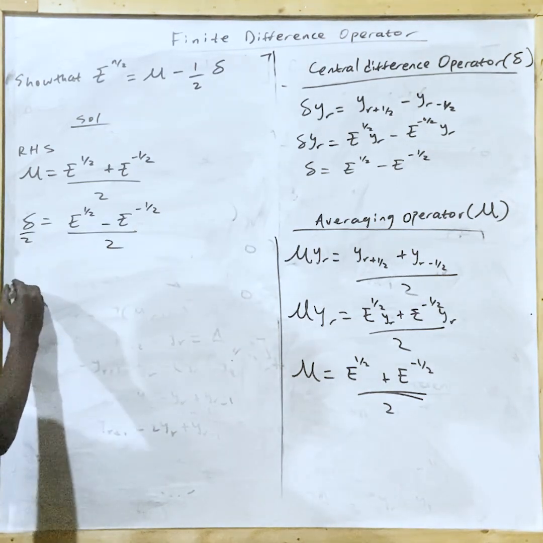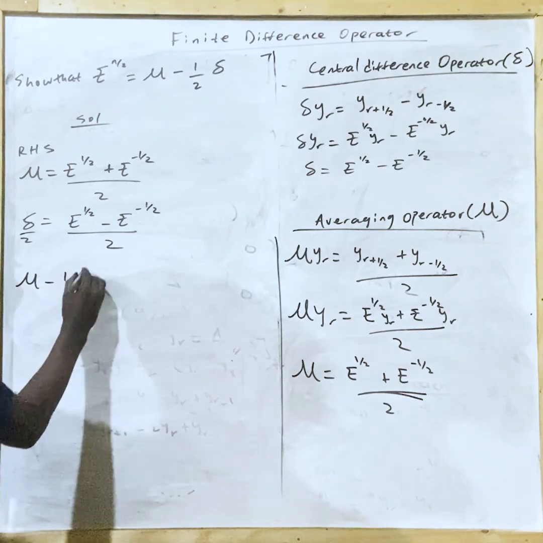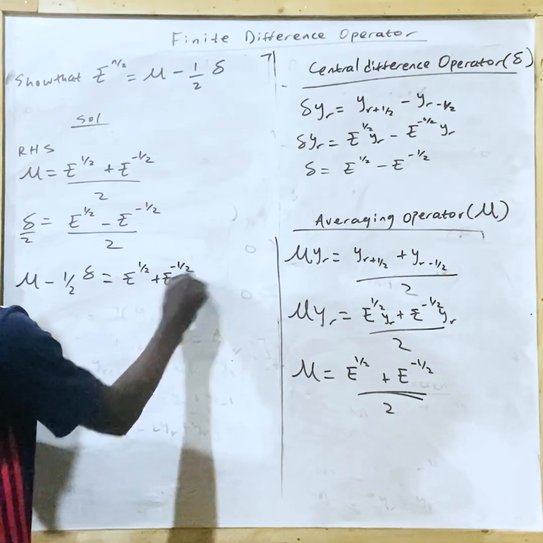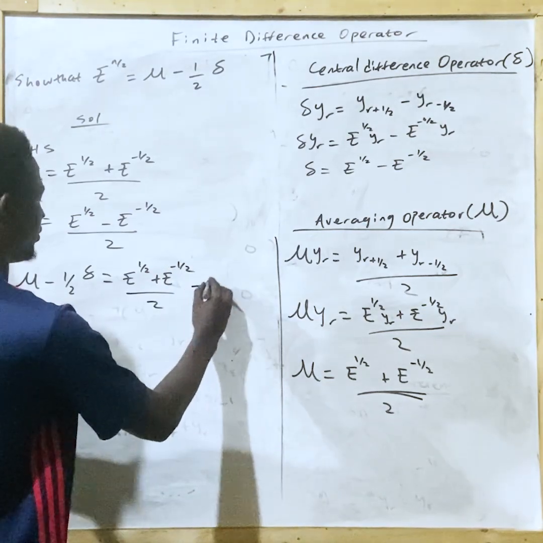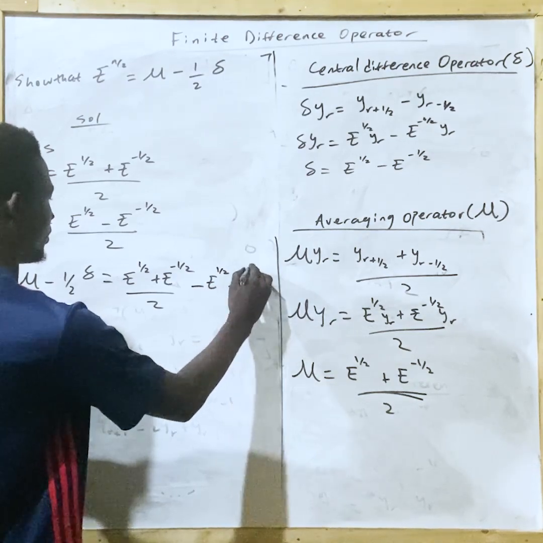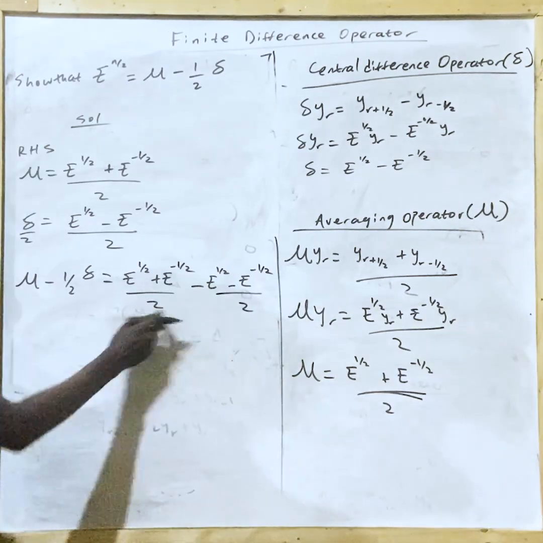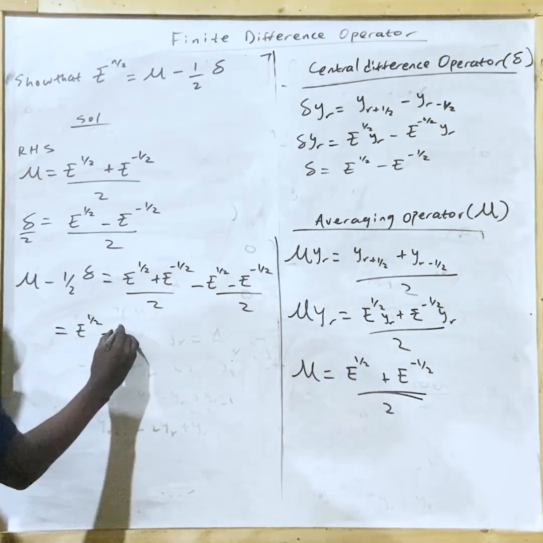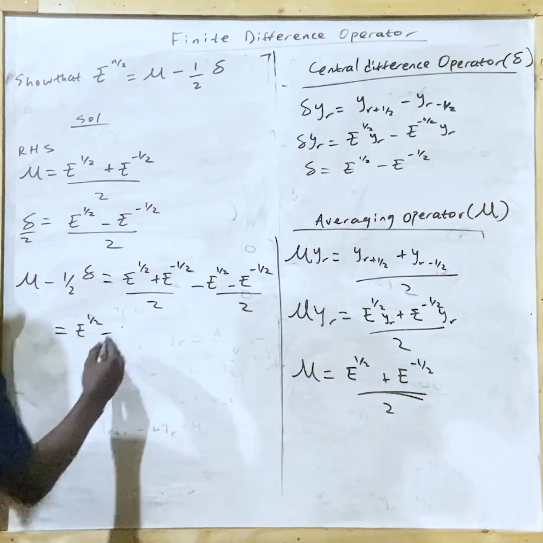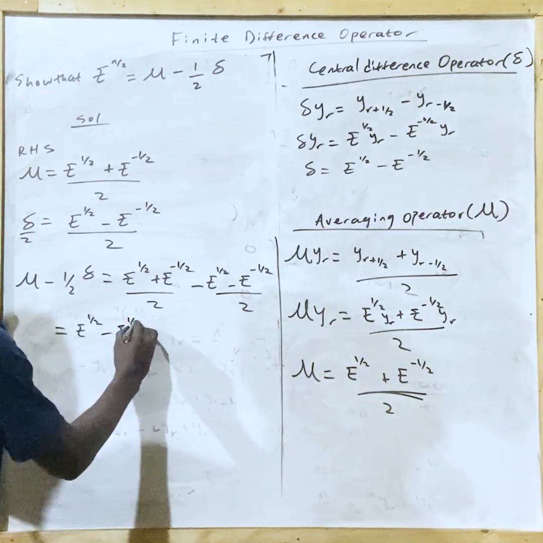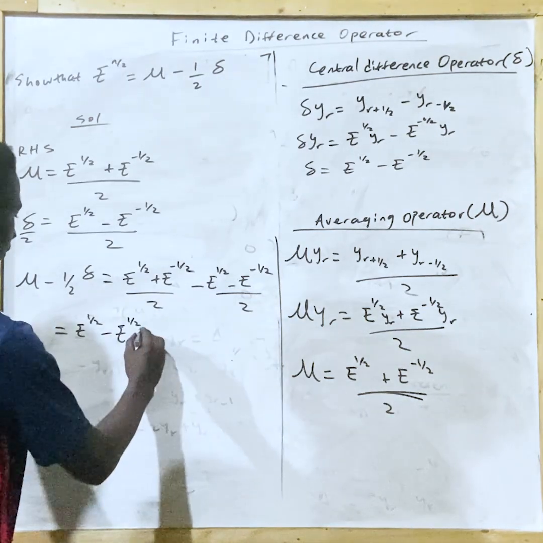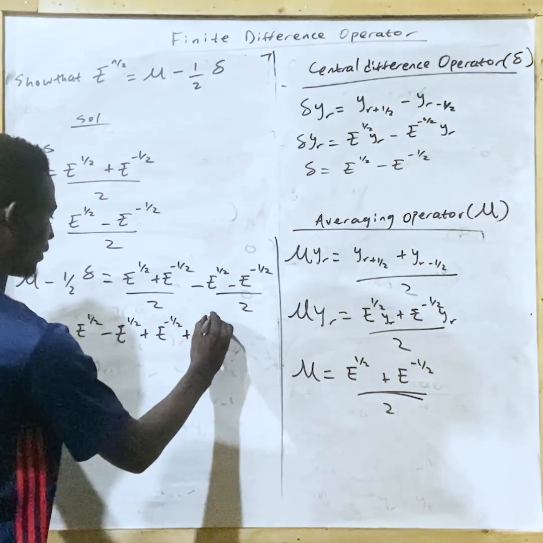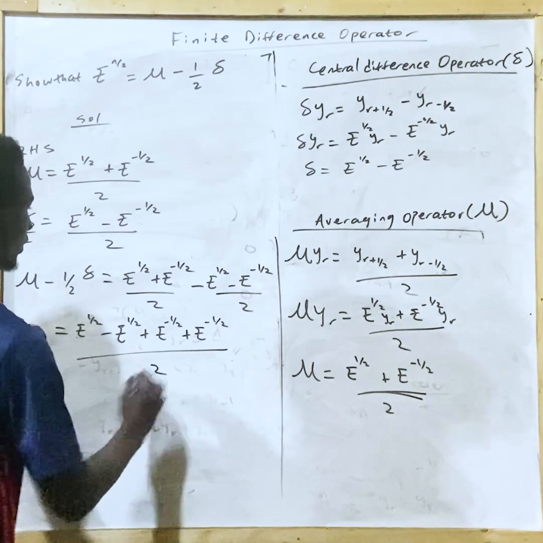So subtracting both of them, you'd have E raised to power 1 over 2 plus E raised to power minus 1 over 2 minus the other, over 2. You have the same denominator, so you have minus E raised to power 1 over 2, then plus E raised to power minus 1 over 2 plus E raised to power minus 1 over 2. So everything over 2.